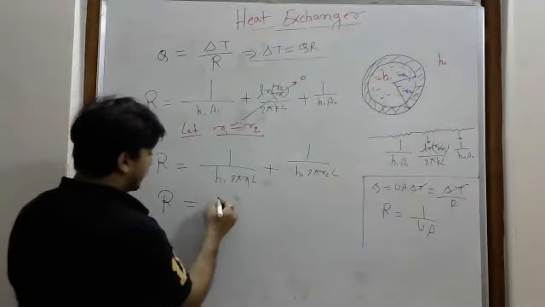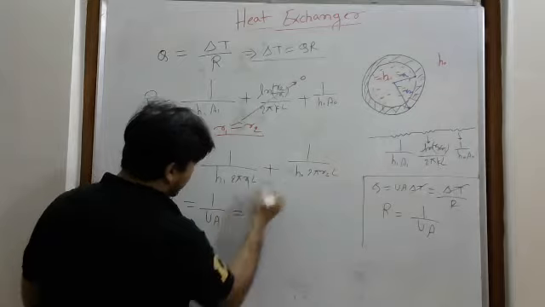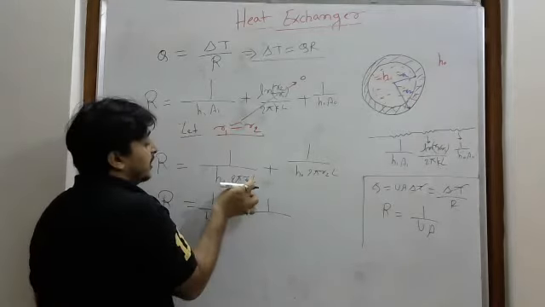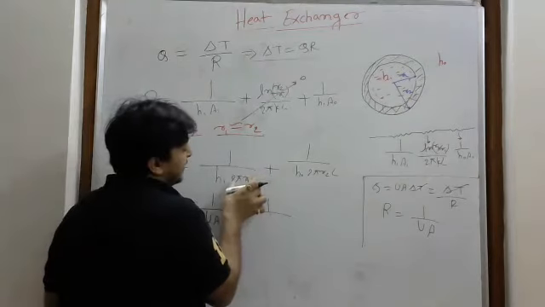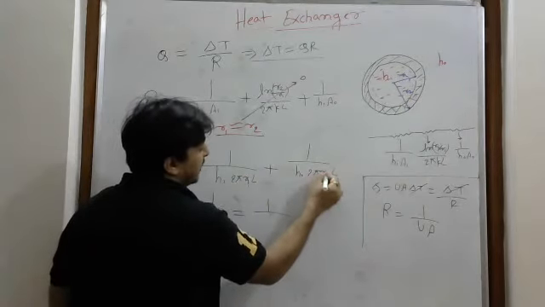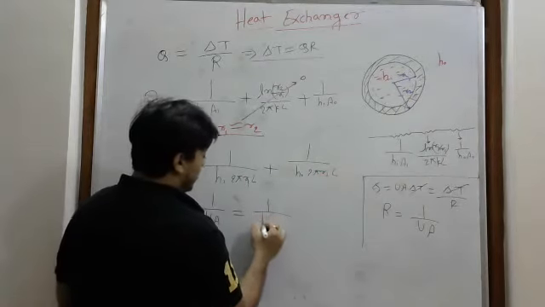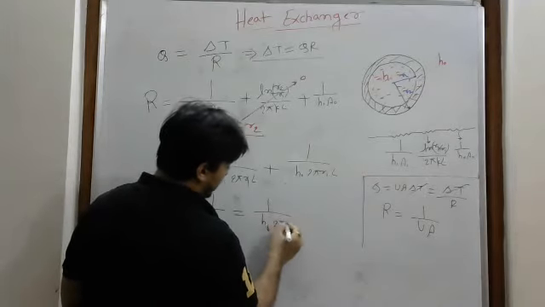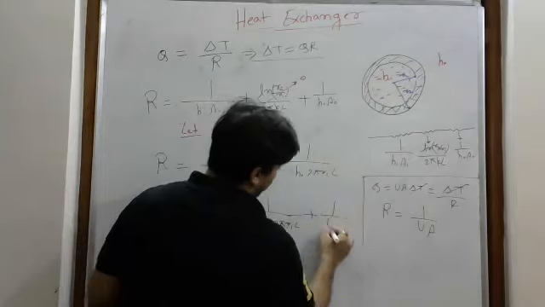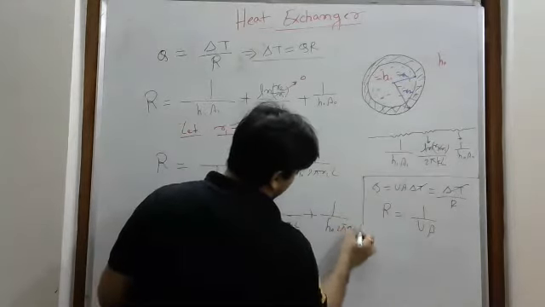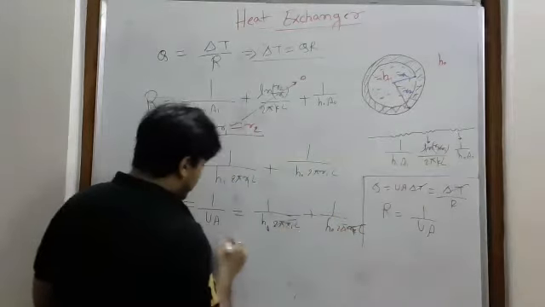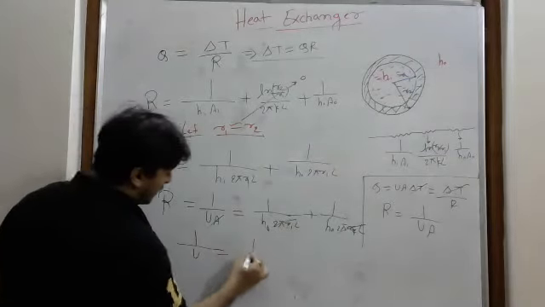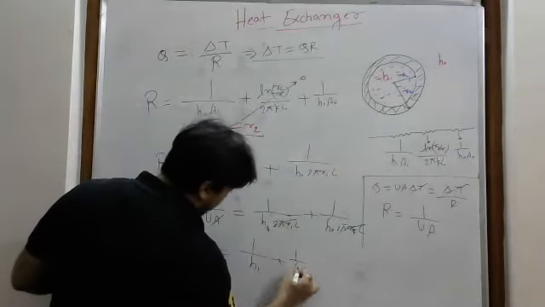So 1 by UA equals 1 by Hi into 2 pi R1 L plus 1 by Ho into 2 pi R2 L. Since R1 equals R2, the area is the same everywhere. So we can write 1 by U equals 1 by Hi plus 1 by Ho.